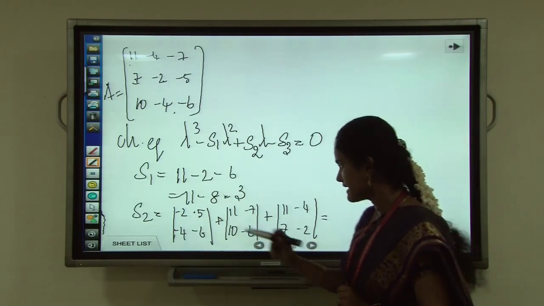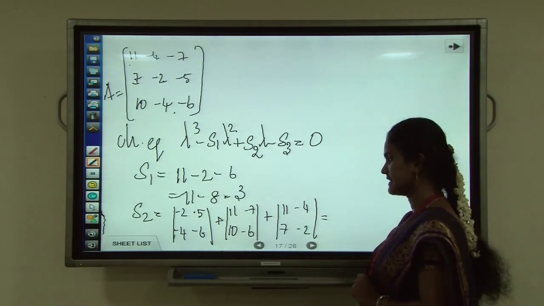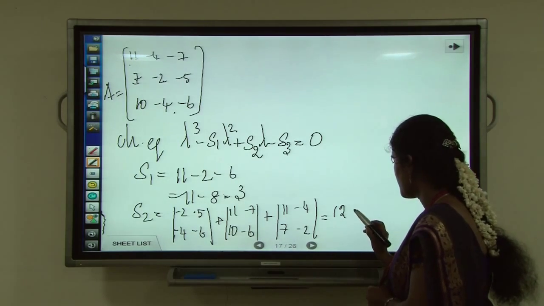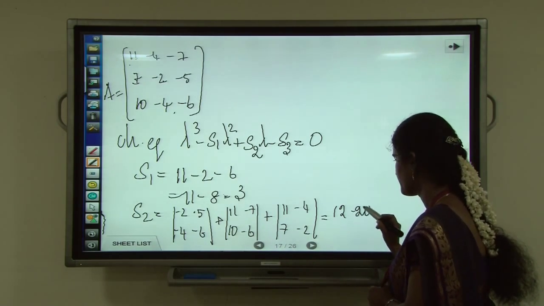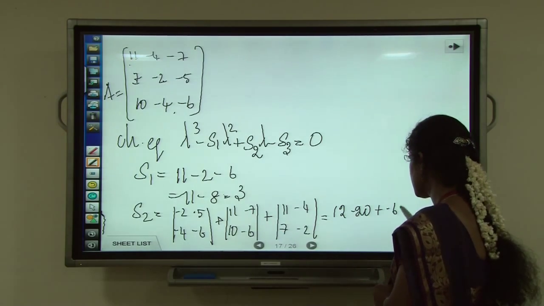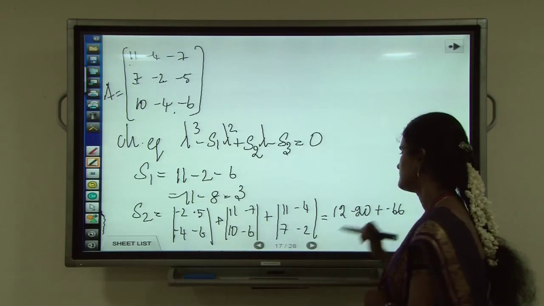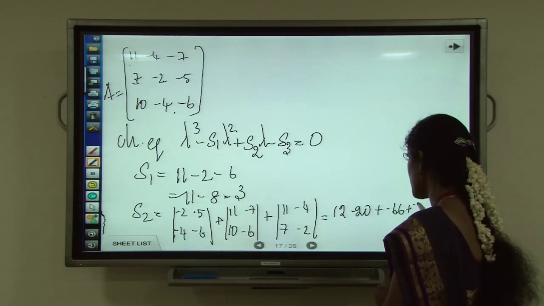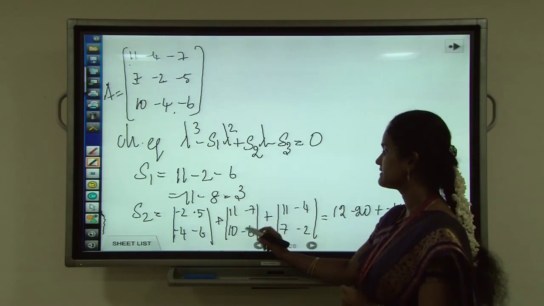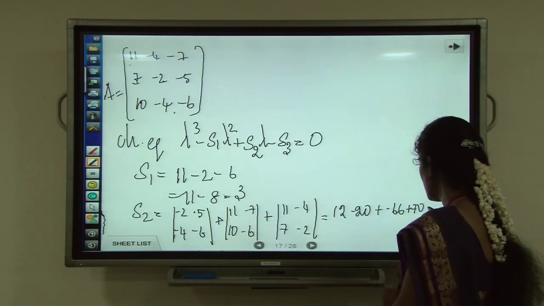Getting the determinants of these, the first is minus 2 into minus 6, which is 12, minus 20. Then, here it is minus 66, minus into minus plus 70, so it is minus 66 plus 70.